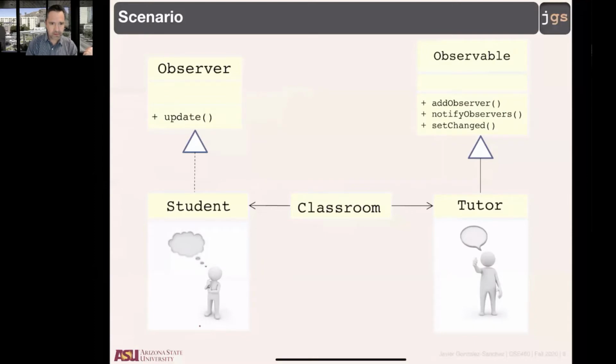We have students, a class Student. We have professor, tutor, a class Tutor. Now, we need some place to put the main of the program, the main that is going to create those objects, right? We can put the main in a classroom, just to keep the same idea. But this one is used for the main.